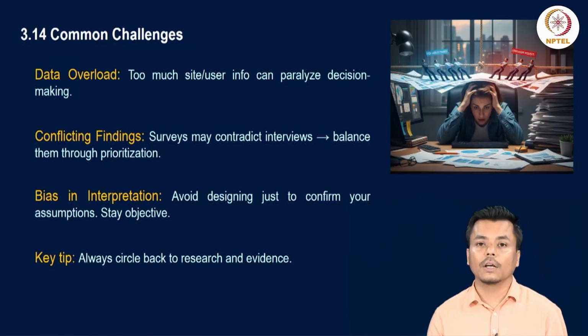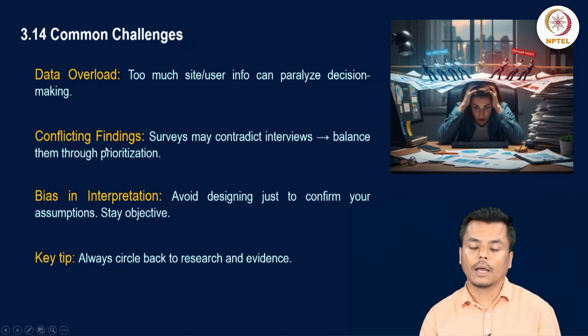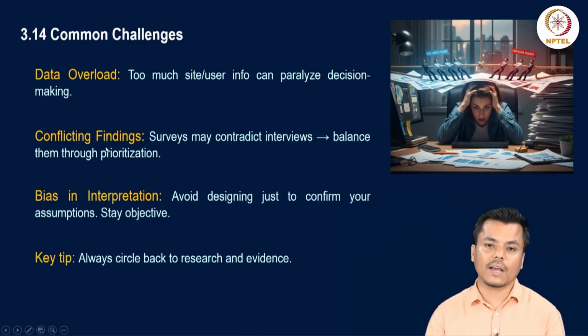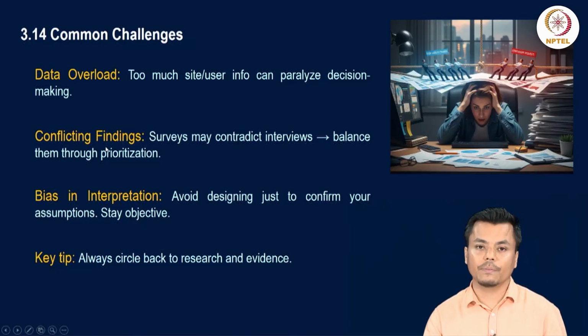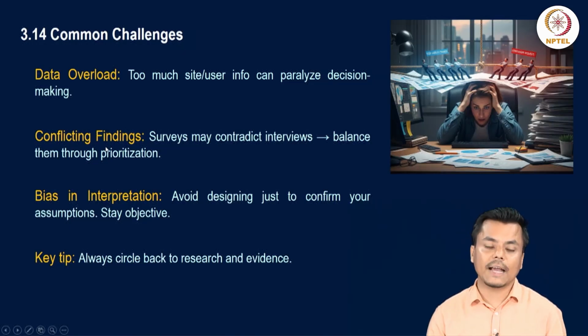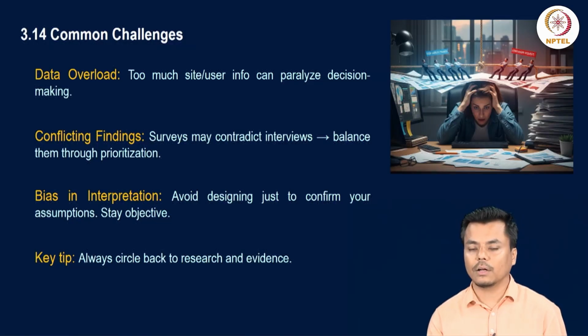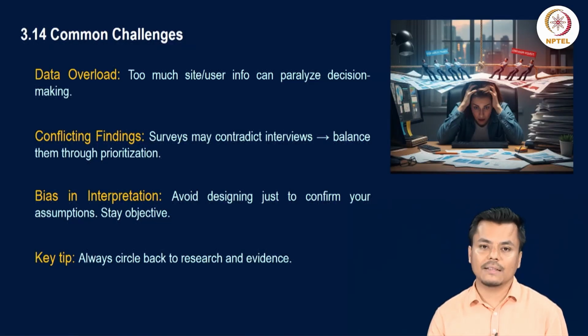There are also chances that there will be some conflicting findings. From the literature review you may get some kind of input, but from the site analysis, the same inferences may not be possible due to the existing site condition. So there is a conflict between the site study and your literature review. How do you balance these things?